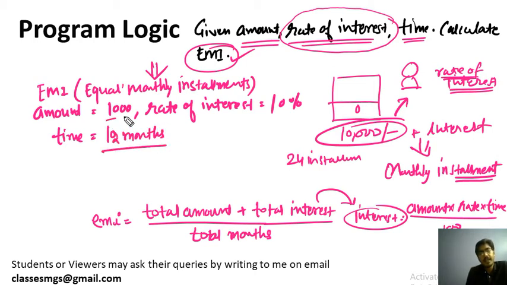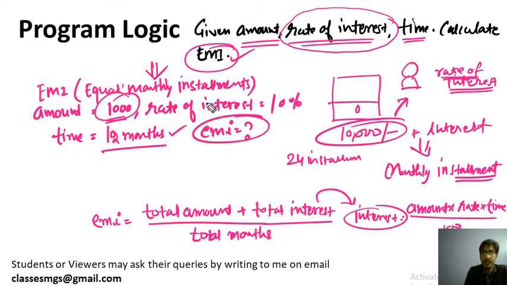You want to purchase an item of 1000 rupees on EMI, equal monthly installments. You are not going to give 1000 in one go, you want to give the amount in monthly installments. So what will be the EMI in that case?